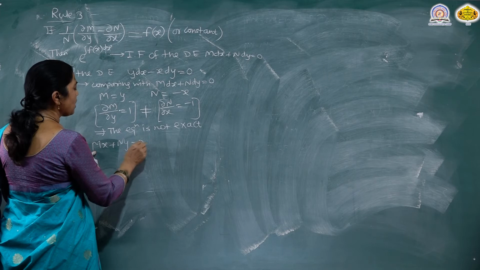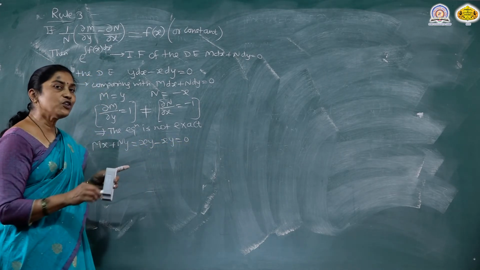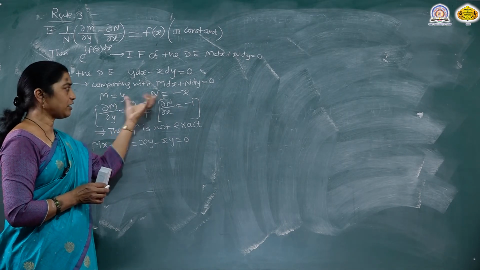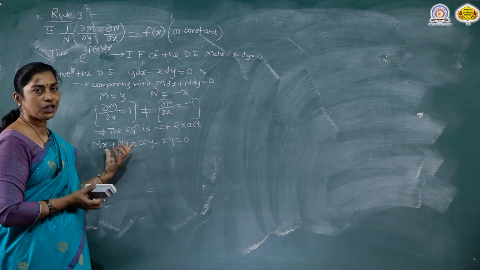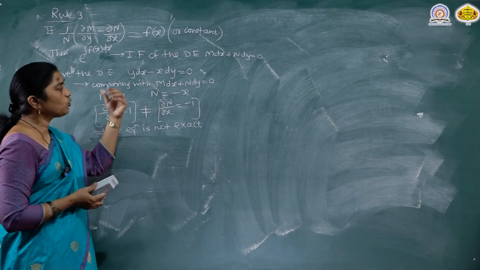Here it becomes xy minus xy, which is 0. So the first rule cannot be applicable, because one condition is satisfied, that M and N are homogeneous, but Mx plus Ny is not equal to 0. So rule 1 cannot be applicable, and we go to the next rule.